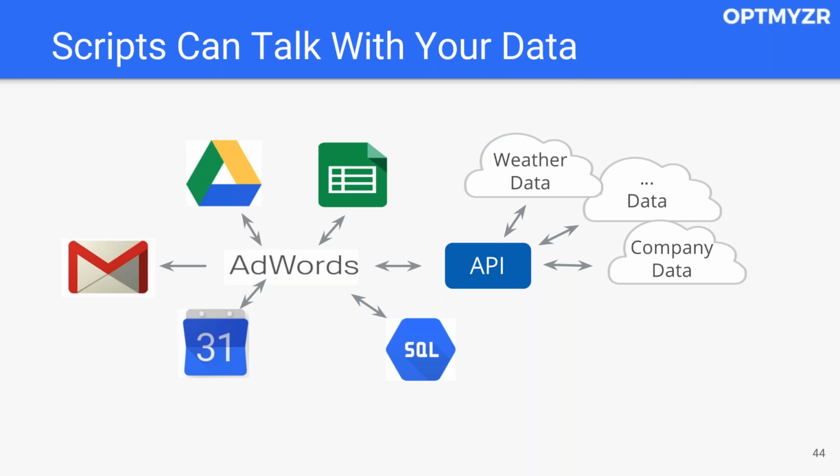Now, where it gets really exciting is the right side of this slide. It's not just limited to talking to other Google systems, but AdWords can now talk to SQL databases or to your API. And what that means is you can use data outside of AdWords, even inside your own business.